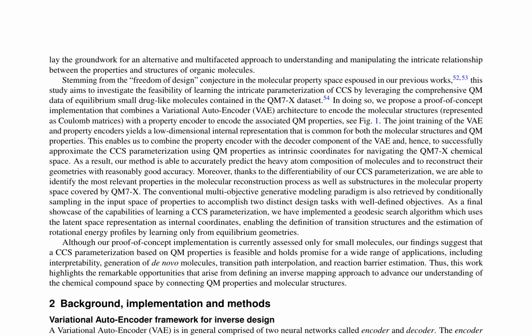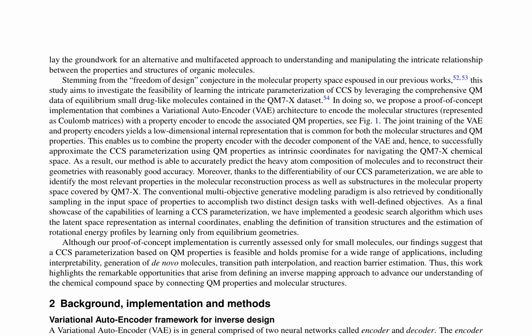This study presents a novel approach to understanding and manipulating the intricate relationship between the properties and structures of organic molecules. By leveraging the comprehensive quantum mechanics data contained in the QM7X dataset, a proof-of-concept implementation combines a variational autoencoder (VAE) architecture with a property encoder to encode molecular structures and their associated quantum mechanics properties.